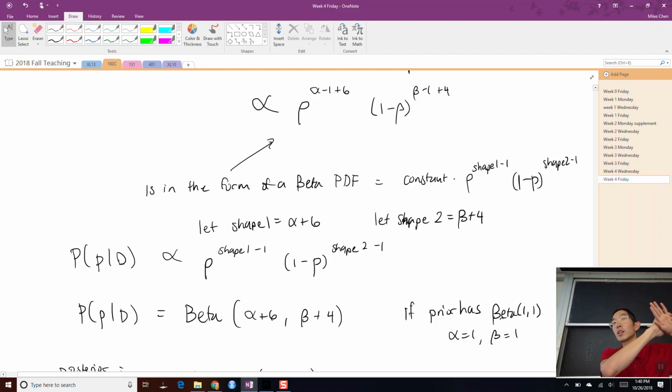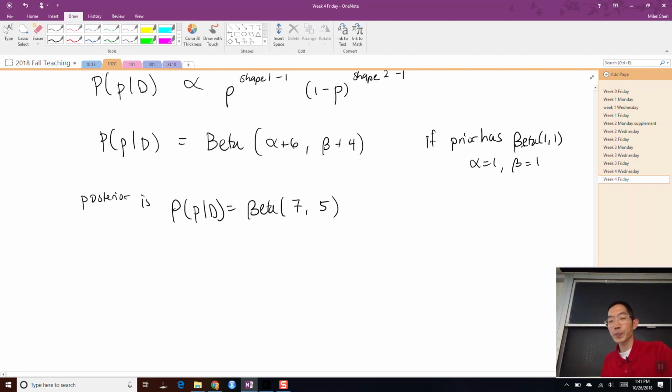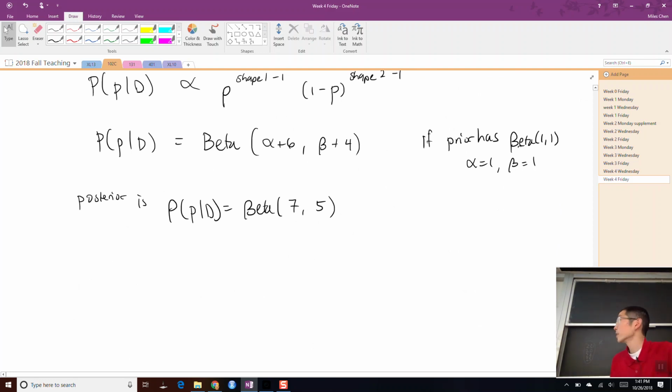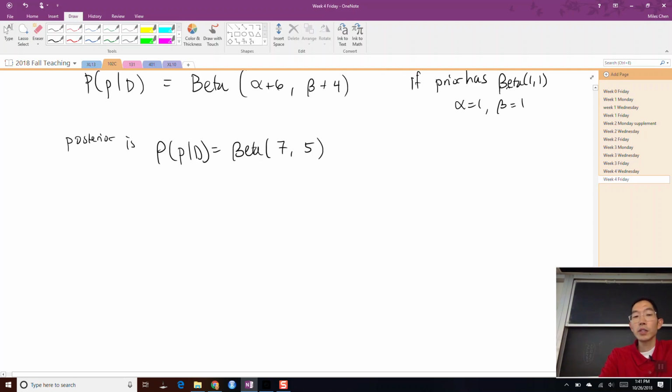If we get it in the form of a PDF, then it's going to work because the PDF has to integrate to 1. Whatever those constants were, we don't even care anymore. We know that if we use beta 7, 5, that's going to integrate to 1. So that's our first thing.